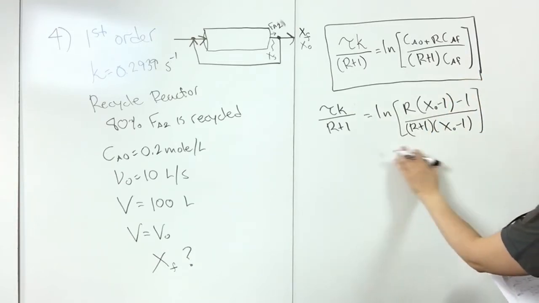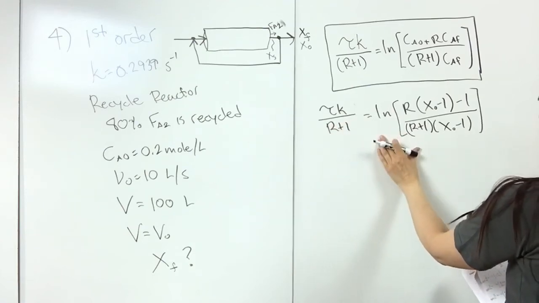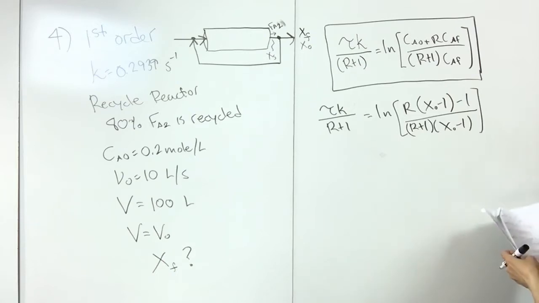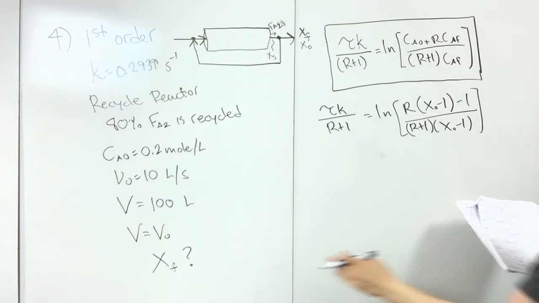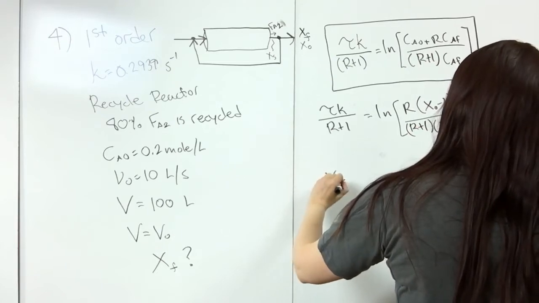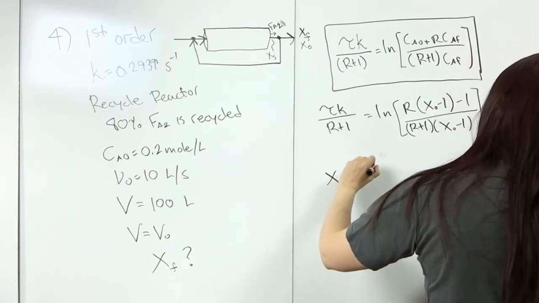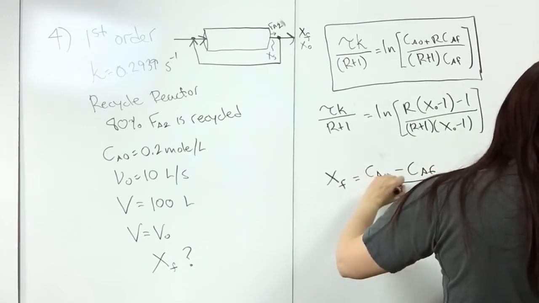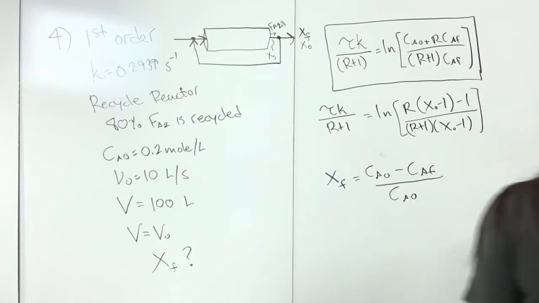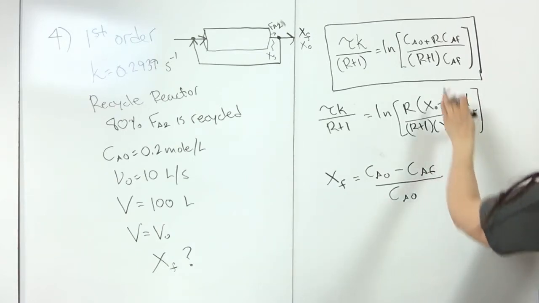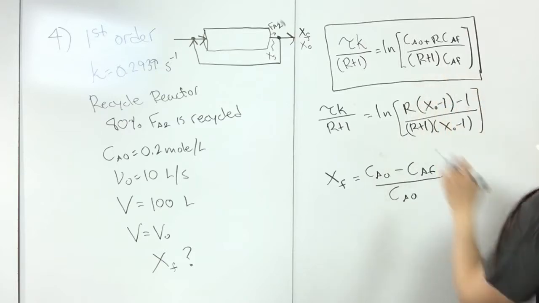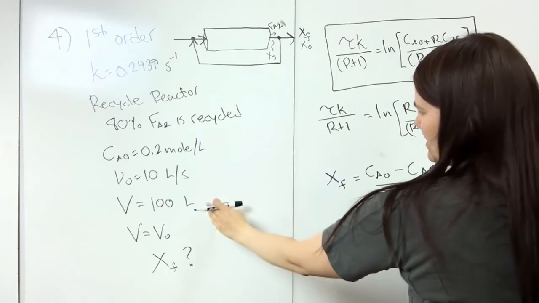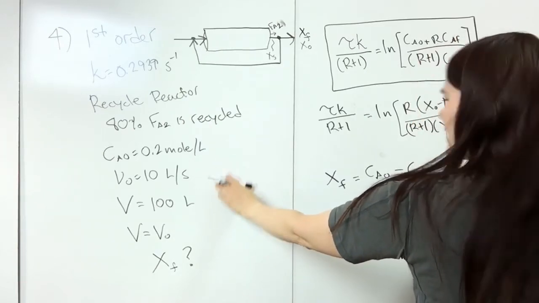But it turns out you don't actually need the equation in this form to solve it, because using this relation, we know that x final is equal to (CA naught minus CAF) over CA naught. We can figure out what CAF is from this equation. So what you would do is plug in your value for tau, which you know is 10.